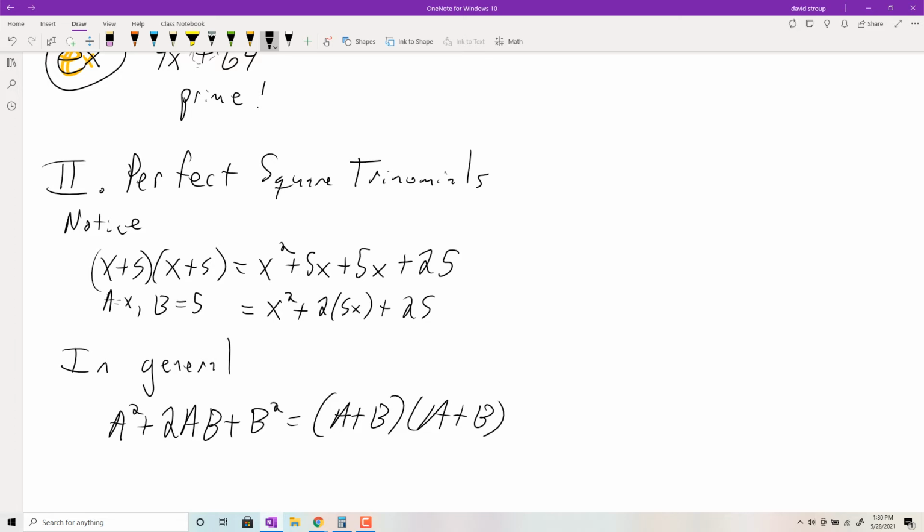So you can see x squared is really a squared, plus 2 times b is 5, so 2 times b, and then x is a, so 2ab or 2ba, those are the same things. And then plus your b squared. So it is basically this form.